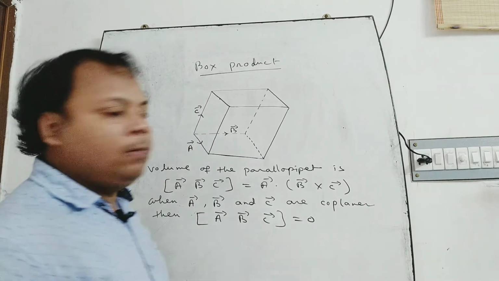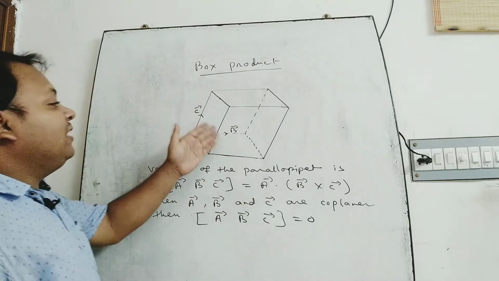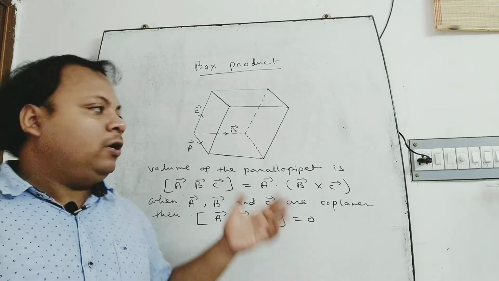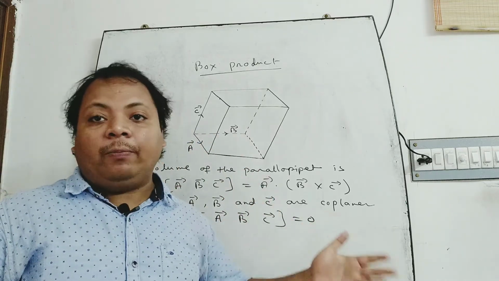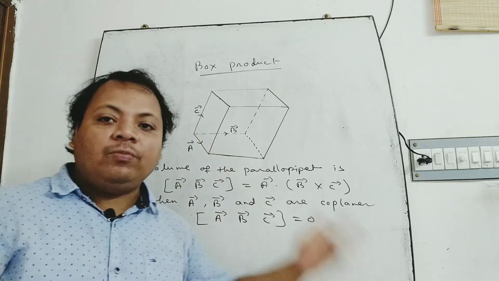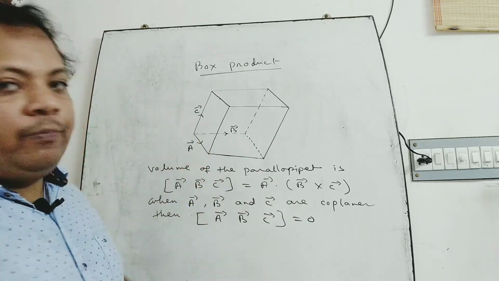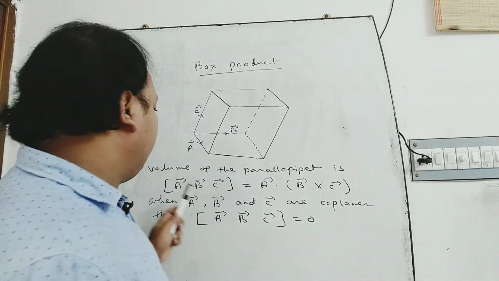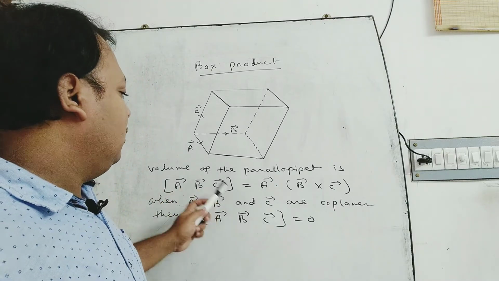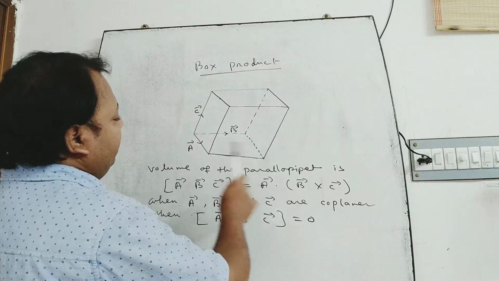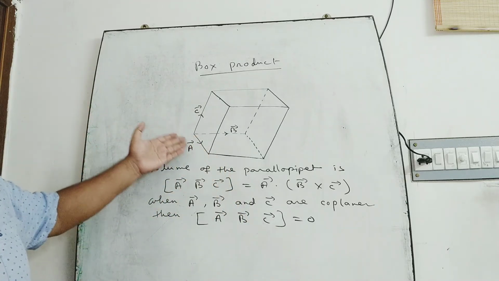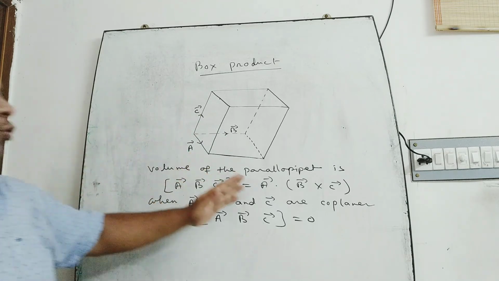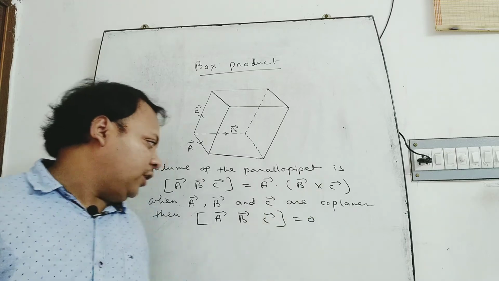Now application of box product. Let A, B, C be three vectors, where A vector denotes the length of a parallelepiped, B vector denotes the breadth of the parallelepiped, and C vector denotes the height of the parallelepiped. Therefore the volume of the parallelepiped is box of A, B, C. That is equal to A vector dot B vector cross C vector.